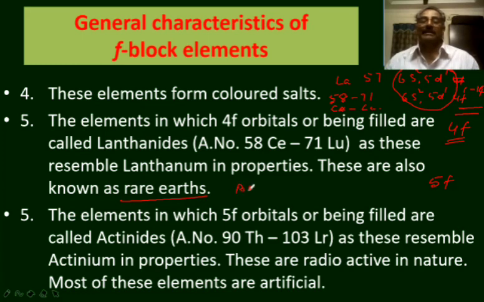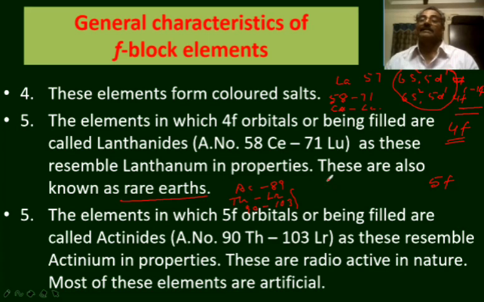The atomic number of actinium is 89. The elements from thorium to lawrencium, with atomic numbers 90 to 103, are said to be the actinides. 14 elements are said to be the actinides.